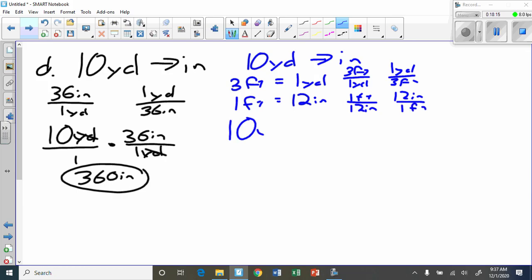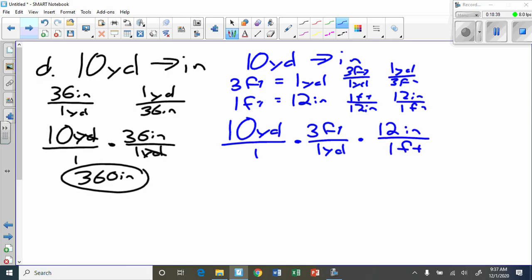If I start with my 10 yards over 1 times, I can multiply by as many conversion factors as I need to. To cancel the yards, I'm going to use 3 feet over 1 yard, times, to cancel the feet, 12 inches over 1 foot. Yard cancels with yard, foot cancels with foot. 3 times 12 is 36. There it is, 360 inches.